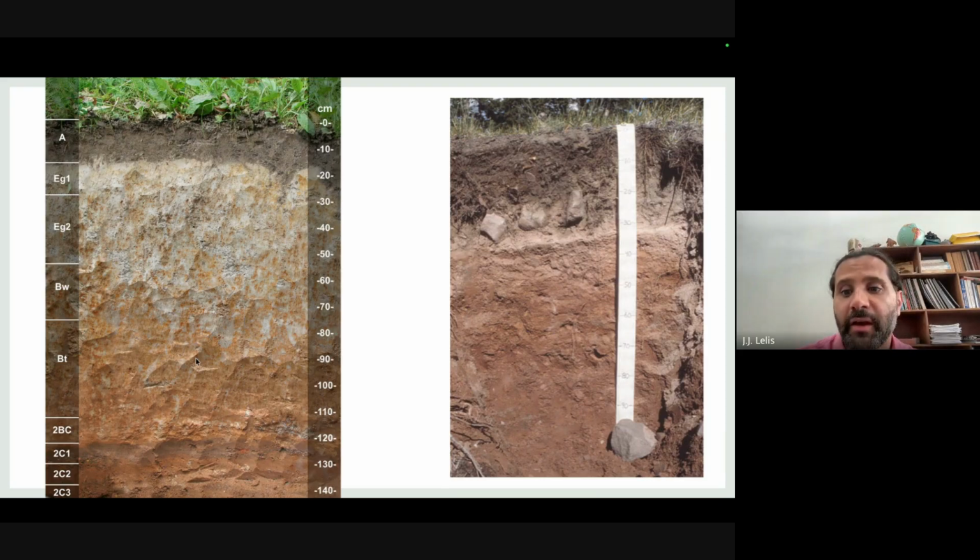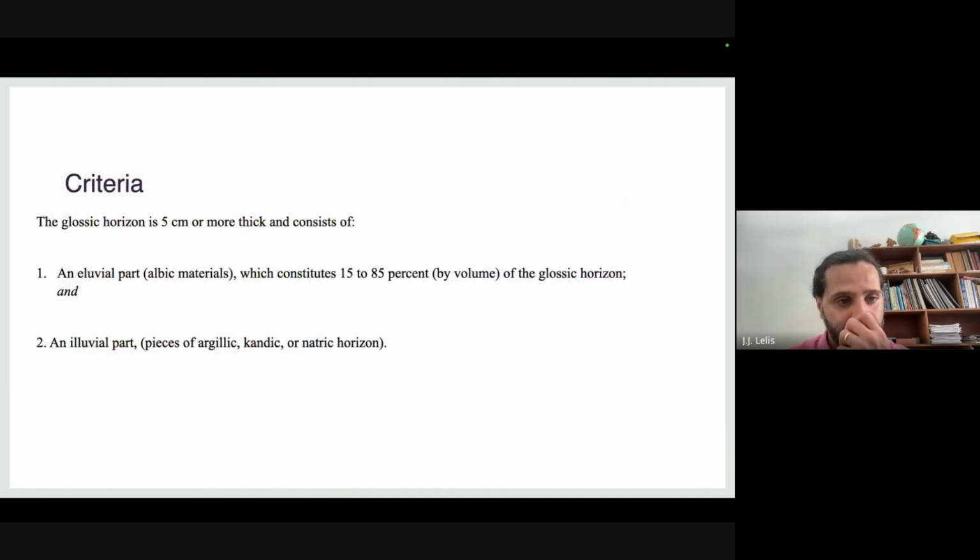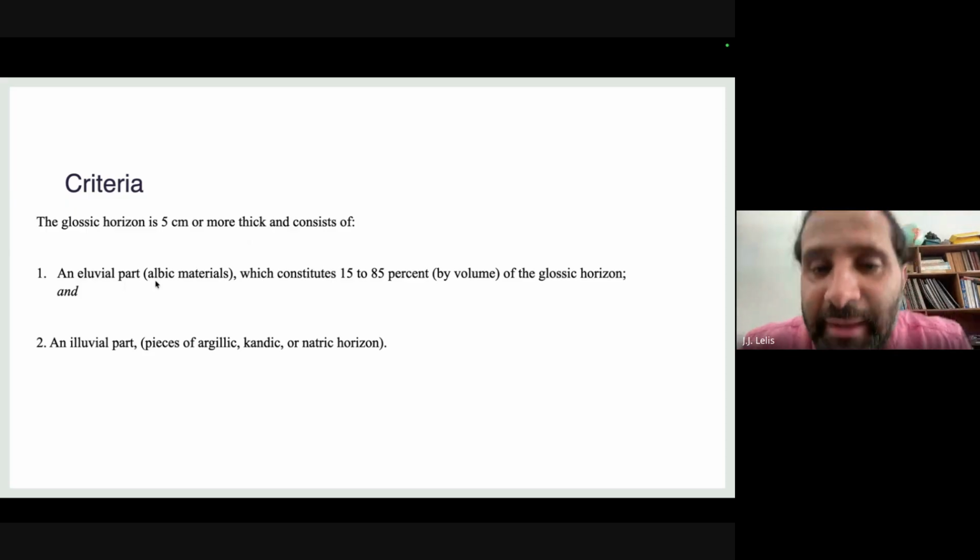Okay, so it's quite common to see this kind of fringe or parts of one horizon inside another horizon. Okay, so let's see the criteria to identify a glossic horizon. The glossic horizon has at least 5 centimeters of thickness, and it should register an eluvial part that's composed of albic materials. You already saw what albic materials are, those materials with whitish or grayish colors, but basically light colors that are more related to primary minerals, for example, quartz, okay?